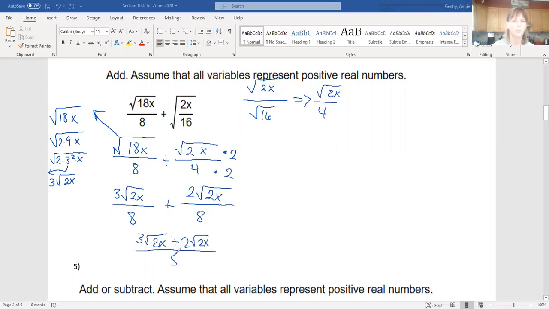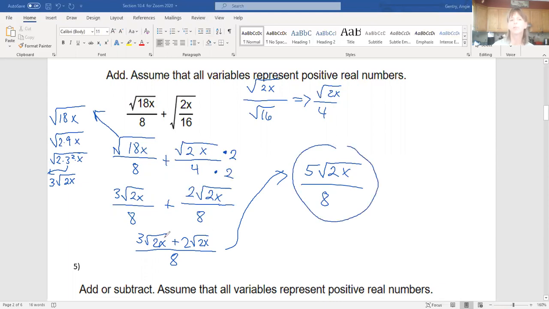All over 8. And then I can say, okay, 3 apples plus 2 apples is 5 apples. And why do I do that thing with the apples and the dollars? So that I don't accidentally multiply underneath or make this something that it isn't. This is simply you're combining like terms. 3 apples plus 2 apples is 5 apples.